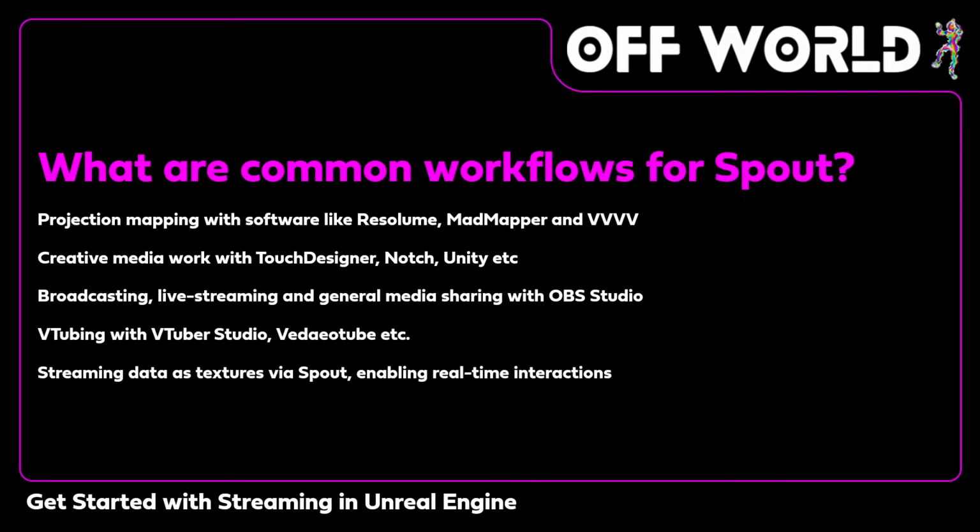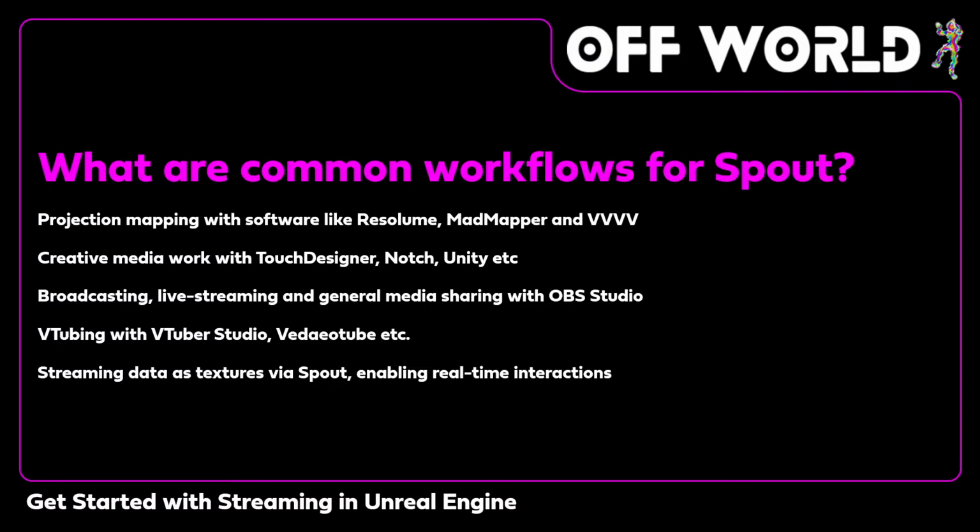For an example of that, you can think of the recent Balenciaga show that uses, I believe, Disguise. If you have Unreal Engine, you can use it to send to things that need projection mapping or even LED walls. Alternatively, you can also create really expansive media work with TouchDesigner, Notch, and Unity.